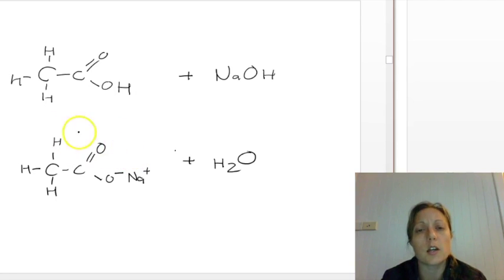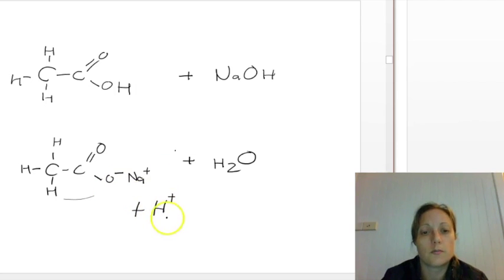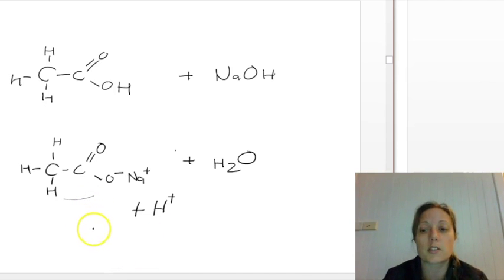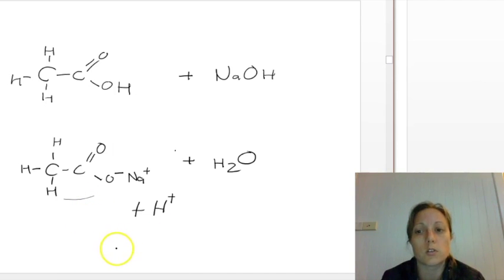Similarly, if we wanted a carboxylic acid back out, we can take this carboxylate ion and put that back into acidic conditions, so add our acid back and get that carboxylate ion turned back into a carboxylic acid. So this is really handy if we wanted to precipitate something out, we can use these properties, but it's also really handy if we wanted to make something soluble, we can put it into some basic conditions.